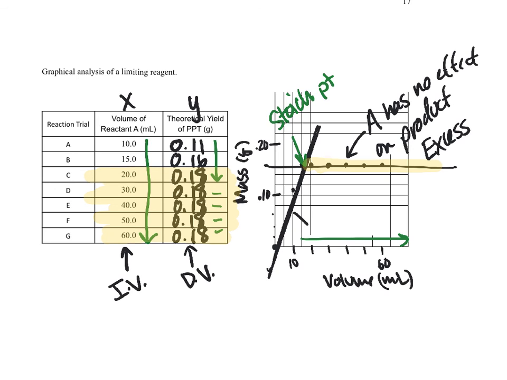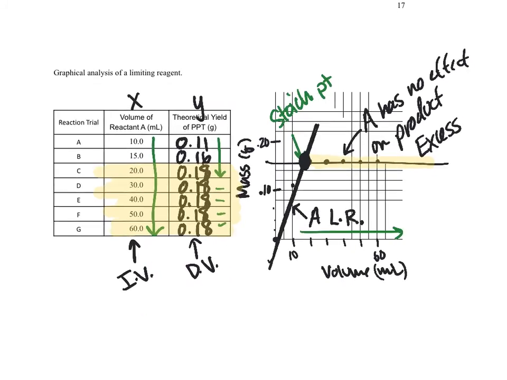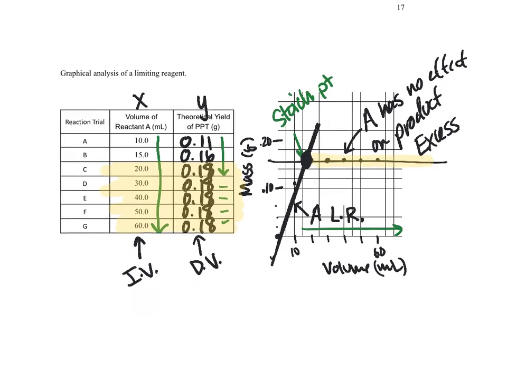Well, in this section of our graph right here, we're going to see that A has control of the product. As we increase the amount of reactant, we can increase the amount of product. And so here, A is the limiting reagent. Okay, and so again, we've got this stoichiometric point here that tells us when we switch from one limiting reagent to another. It tells us the perfect amount of our product that we're going to see.